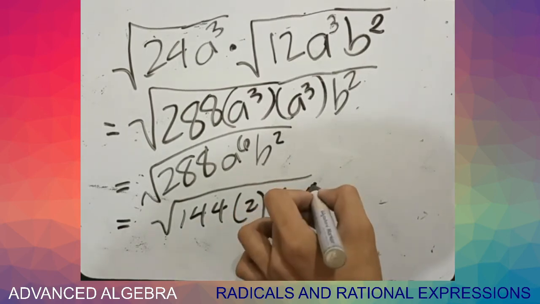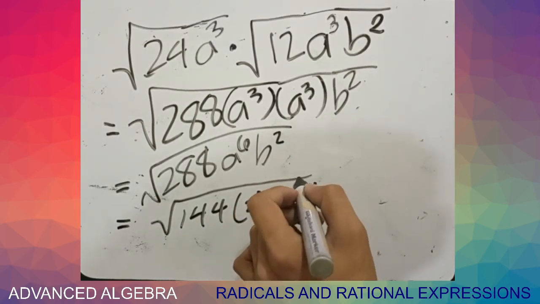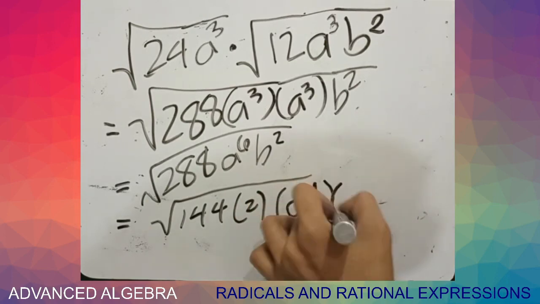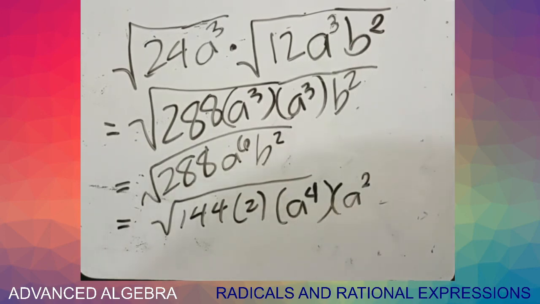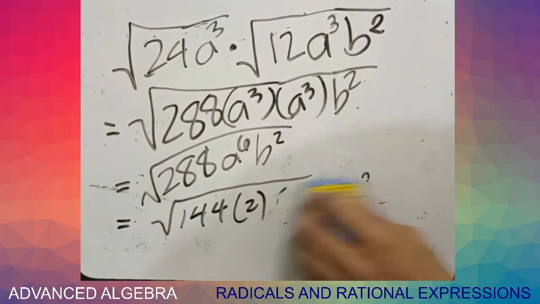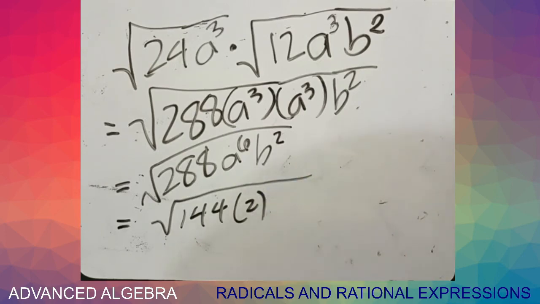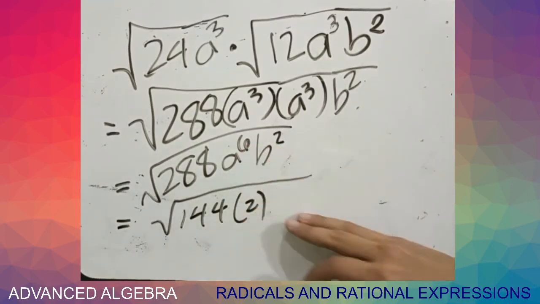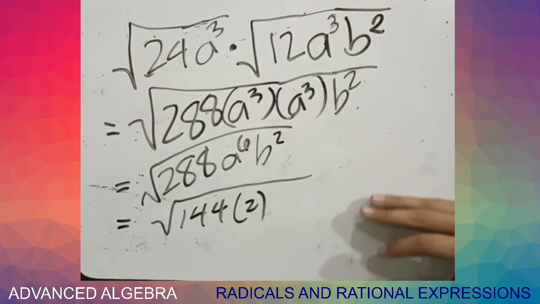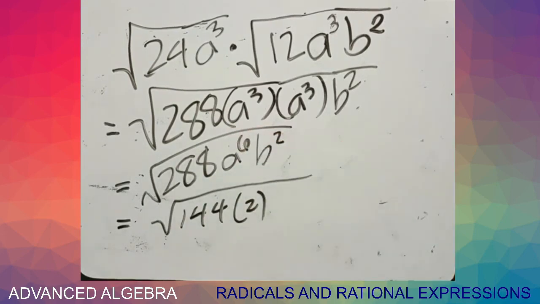A to the 4th power and a to the second. Ay, hindi pala. Ano yung possible? Pwede naman yung ginawa ko kanina, kaso baka kayo mahirapan pa. So, balikan natin yung kanina.